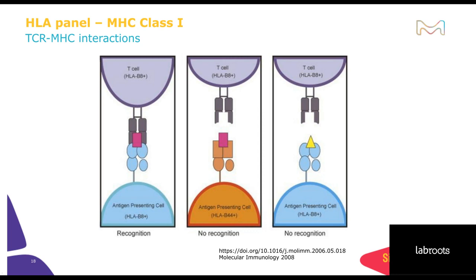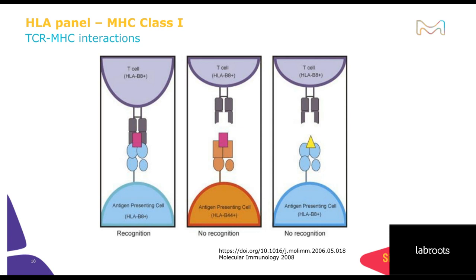However, in the middle, we have the T cell and we have the correct peptide, but the antigen-presenting cell, instead of putting it in HLA-B8, is putting it in HLA-B44. So even though it's exactly the same peptide, the T cell does not recognize it because it doesn't see that MHC type 1. On the right-hand side, the antigen-presenting cell is expressing the correct HLA, but it is actually presenting a different peptide. So that also is not recognized by the T cell.